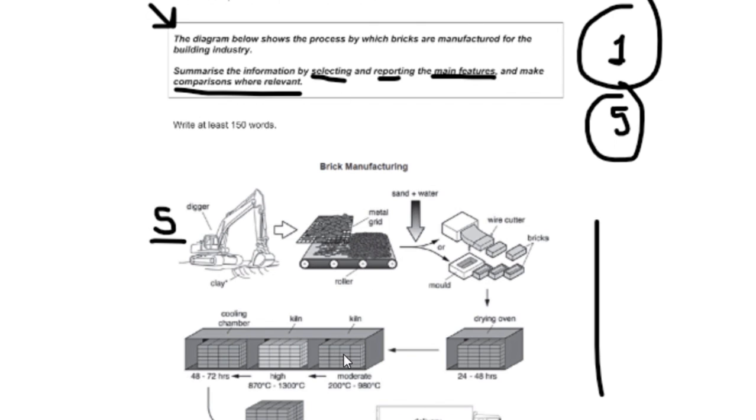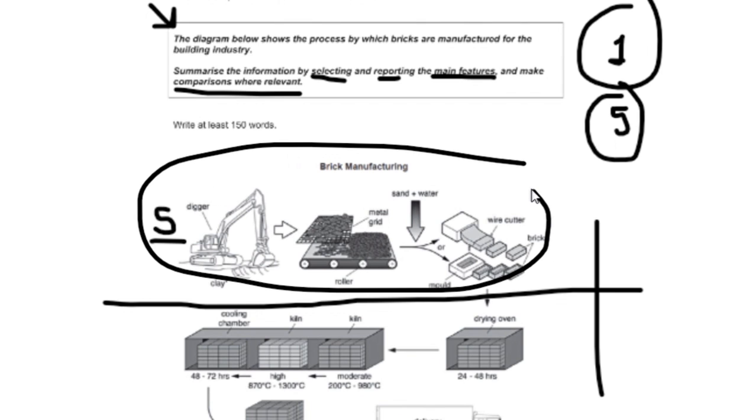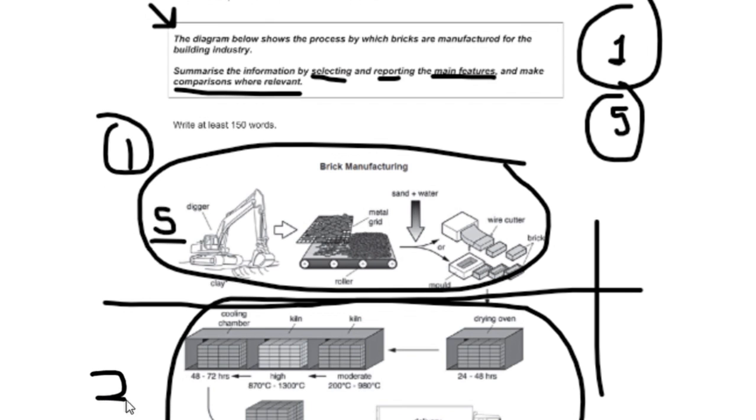It's not just natural, it's also very, very logical. And in my opinion, it's here. Because we have, let's call it the manufacturing process, then we have the drying and delivery process. So here, paragraph 1, here, paragraph 2.